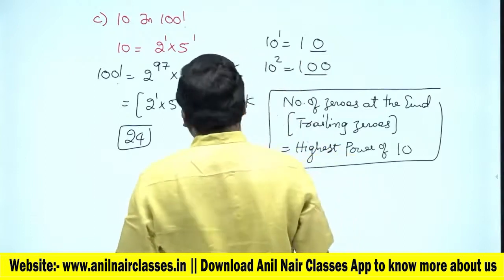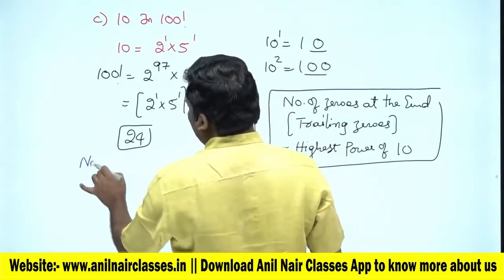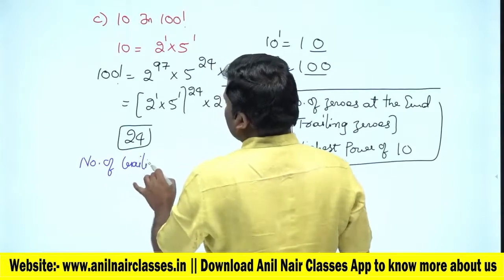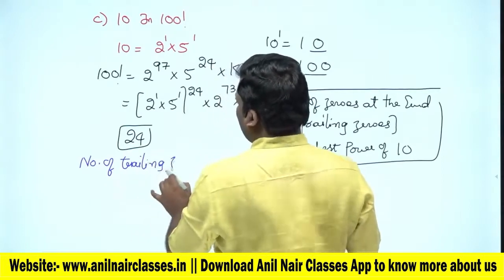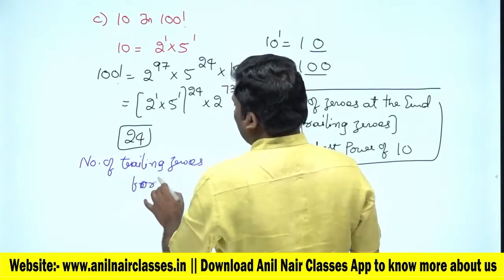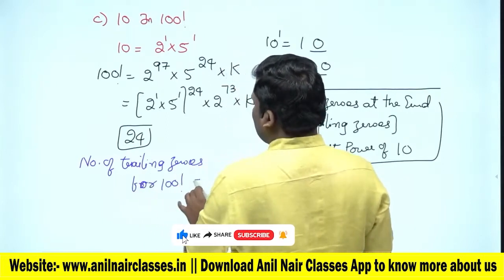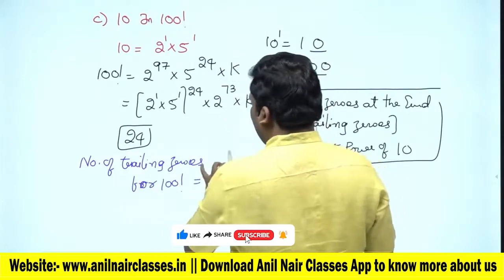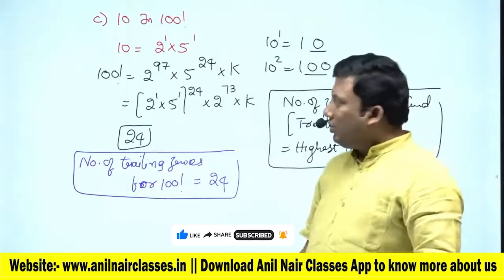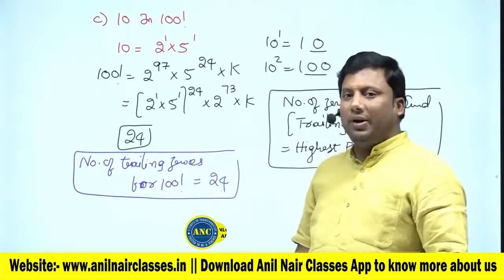From now onwards, I will use the word trailing zeros. The number of trailing zeros for 100 factorial will be 24.